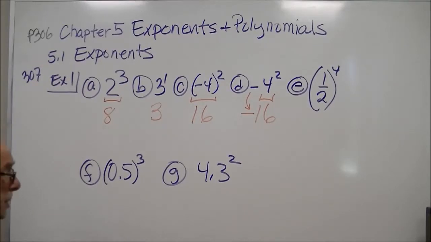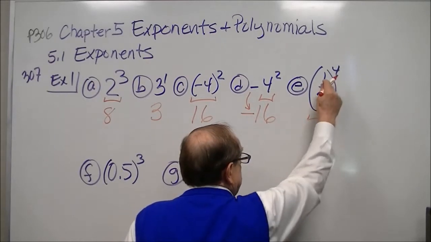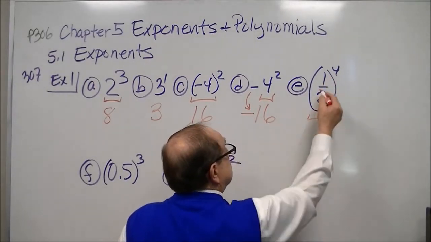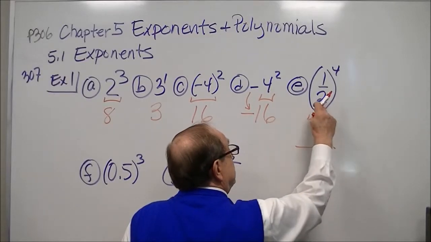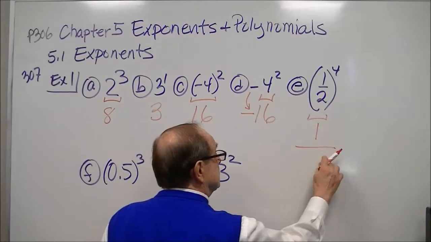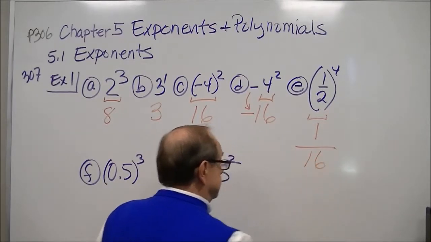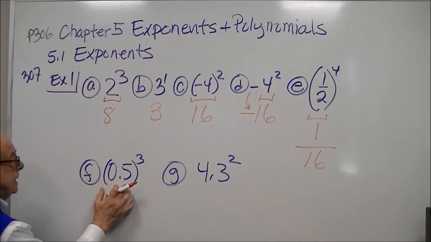All right, for letter E, the base is 1/2, and that means 1 to the 4th is going to be 1, and 2 to the 4th is 2 times 2 times 2 times 2, which is 16. Now here, there's a decimal.